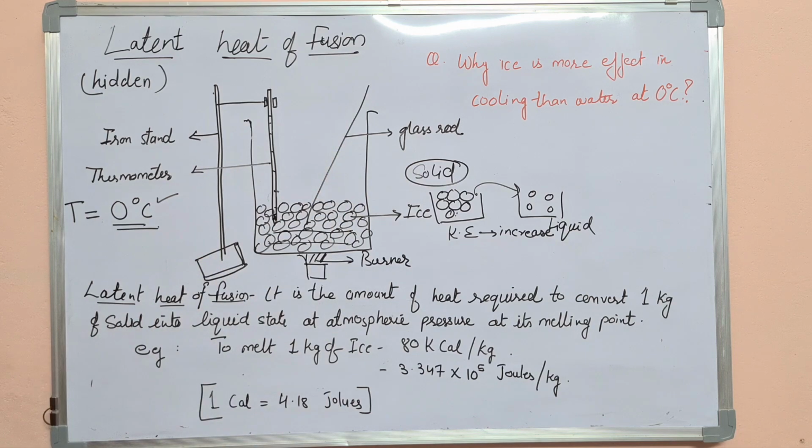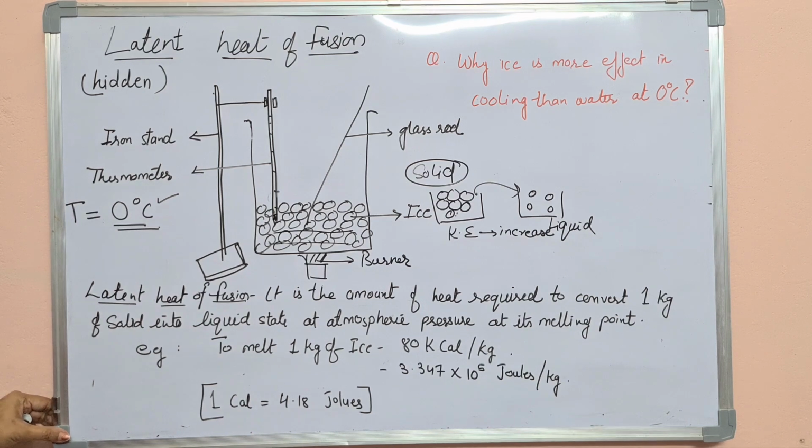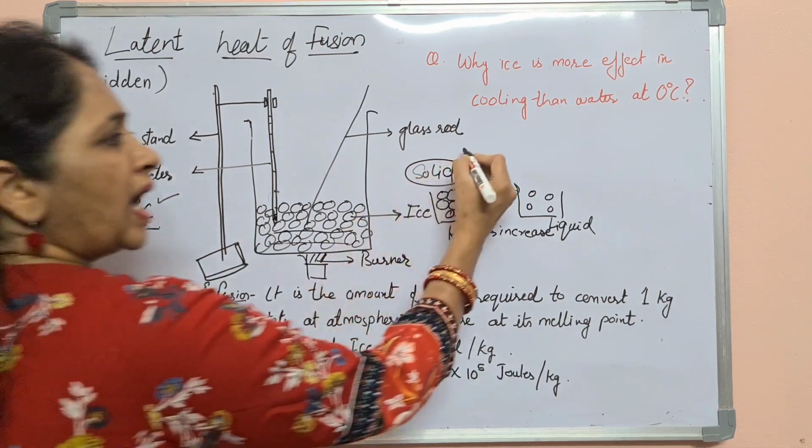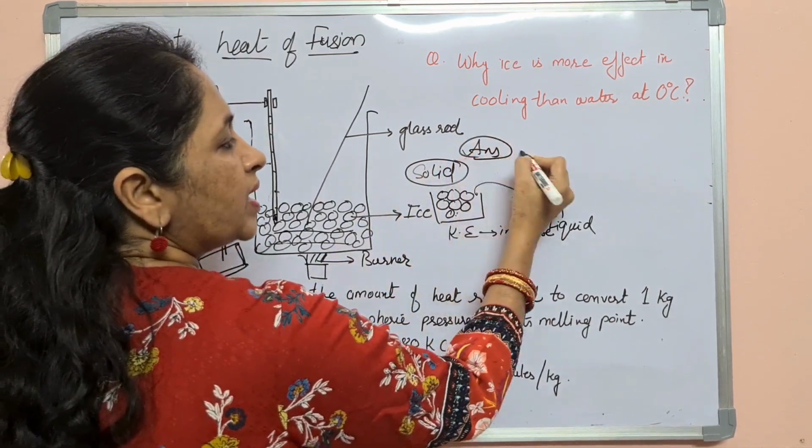Because ice absorbs first 80 kilocalories of latent heat of what? Fusion, to convert from solid state to liquid state. That is why ice gives more cooling effect. So answer for this is what?